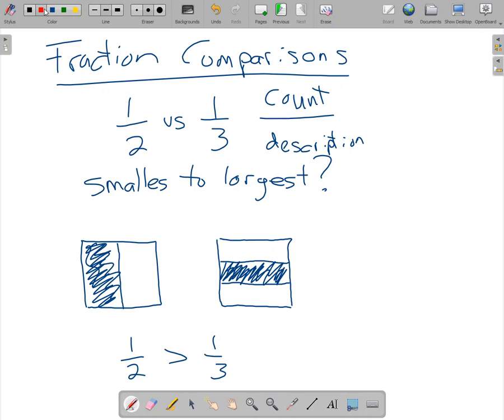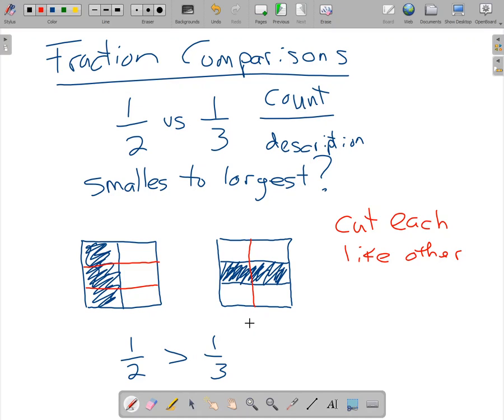The trick when they're cut differently is to cut each like the other. What that means is take the half cake and cut it into thirds also, and take the third cake and cut it in half. The reason I do one vertical and one horizontal is because it makes the cutting easier, so they're comparable.